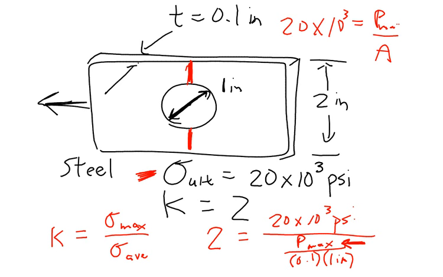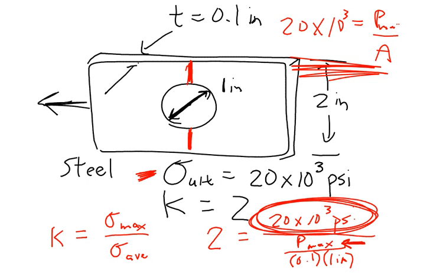If you bring that over and divide by 2 on both sides, the effect of this stress concentration factor is to reduce your ultimate stress, or the largest stress you could apply, by half. Normally, you could go all the way up to 20 times 10 to the third psi. With a stress concentration factor of 2, you can now only go up to 10 times 10 to the third psi. Okay? So that's how stress concentration factors work.